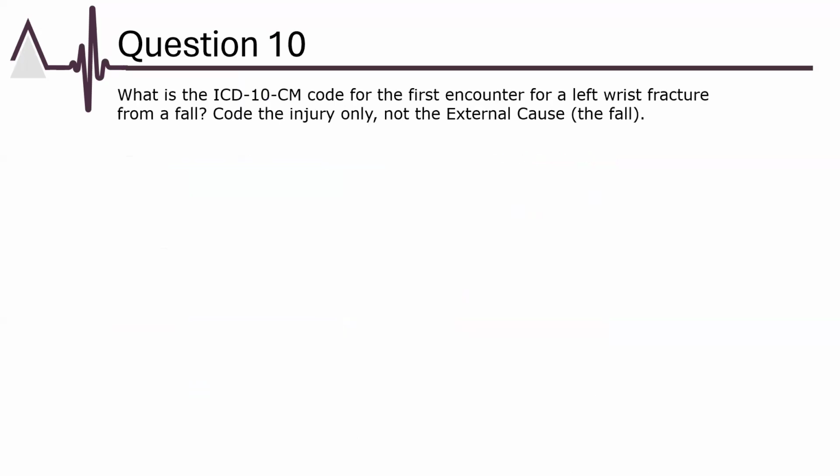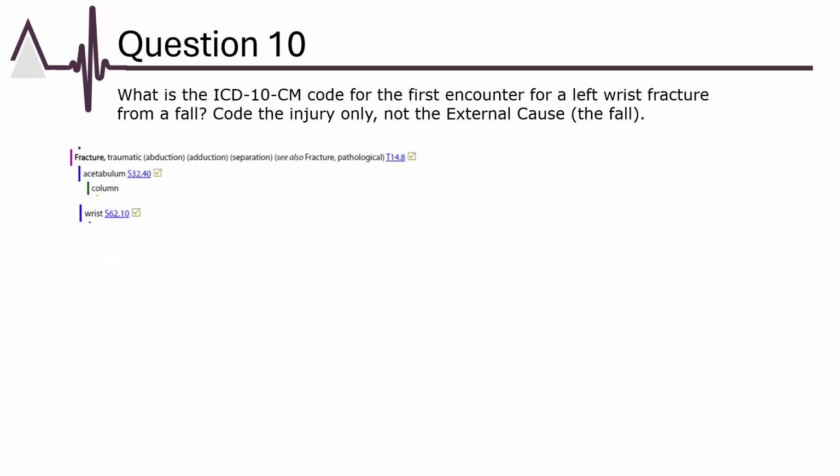Our final question. What is the ICD-10-CM code for the first encounter for a left wrist fracture from a fall? Code the injury only, not the external cause or the fall. Fractures can be traumatic due to an injury or accident or pathological due to a disease.